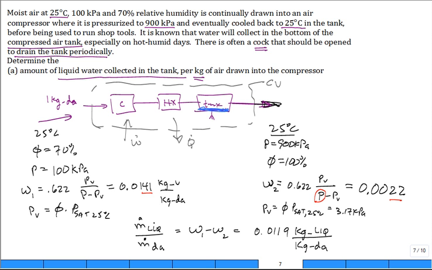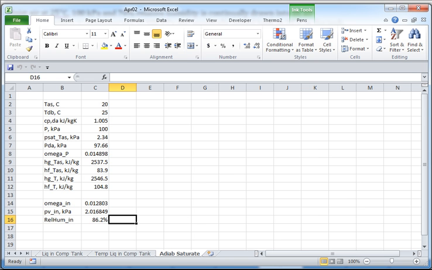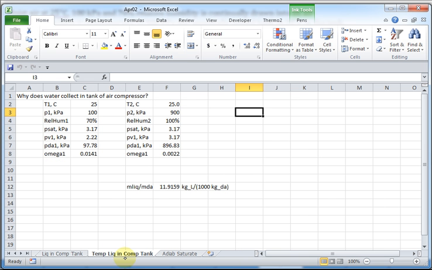So I had this in Excel too. It's right here. If you put in 25, 100 kPa, relative humidity, you can calculate all that, and there's the omega. 25, 900, that's the big difference, and you have omega very much lower. See that?